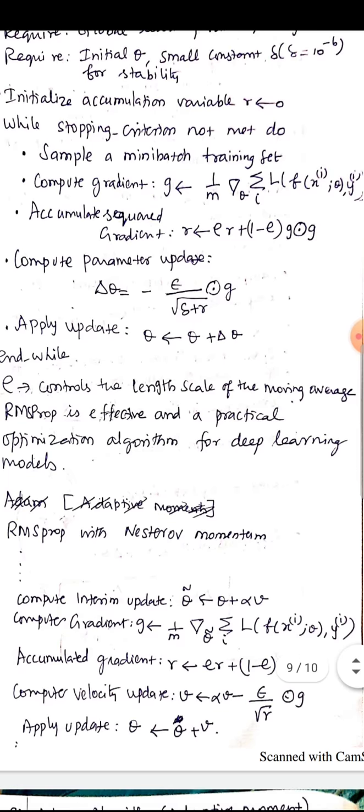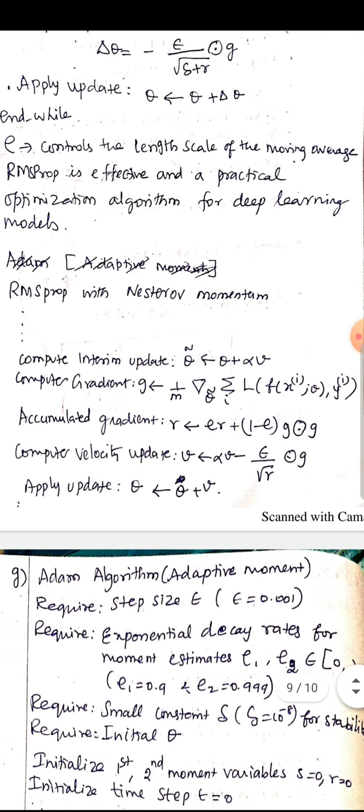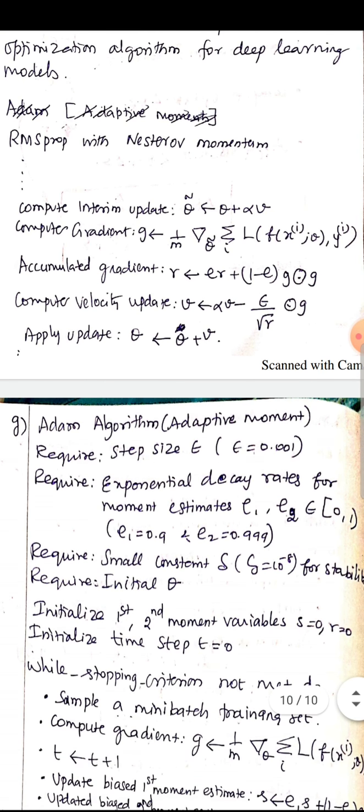This RMS prop is further improvised by the next algorithm called RMS prop with Nesterov momentum. Here the interim update is calculated first, all the other stages are the same. The interim update happens as usual, as in AdaGrad, theta tilde as theta plus alpha v, and then the gradient is computed at that theta tilde, and the accumulated gradient is computed as in RMS prop.